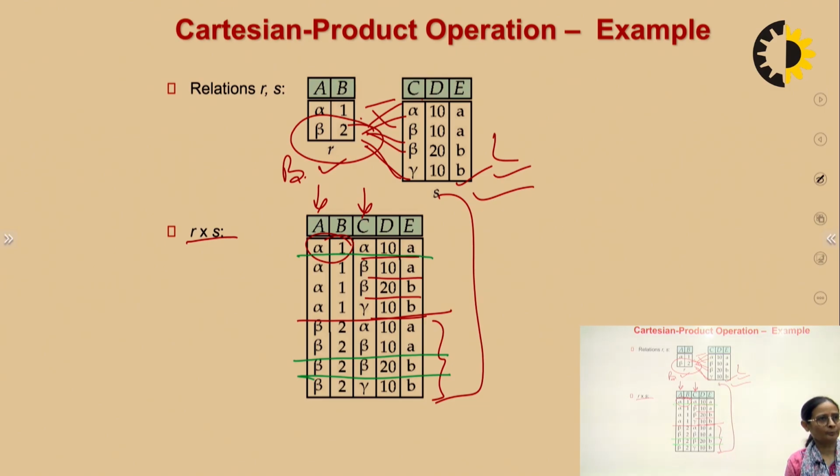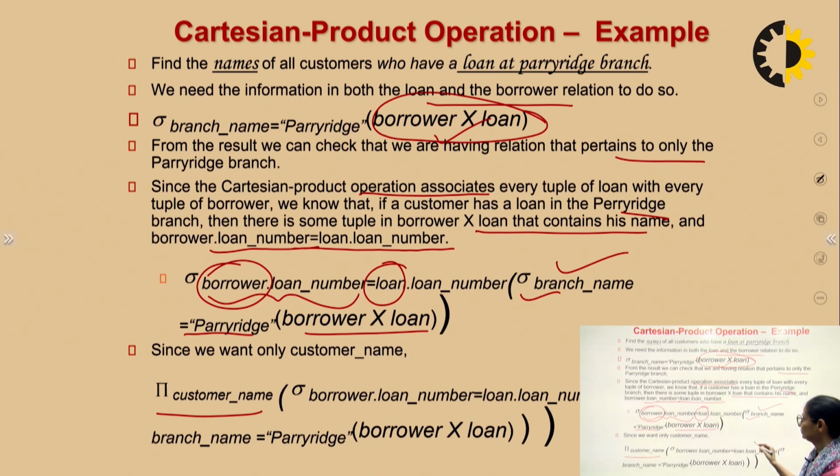The rest are dropped out. So these 3 rows, they are the output of this particular relation.